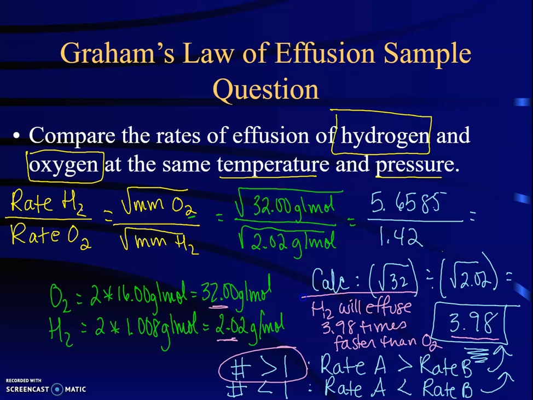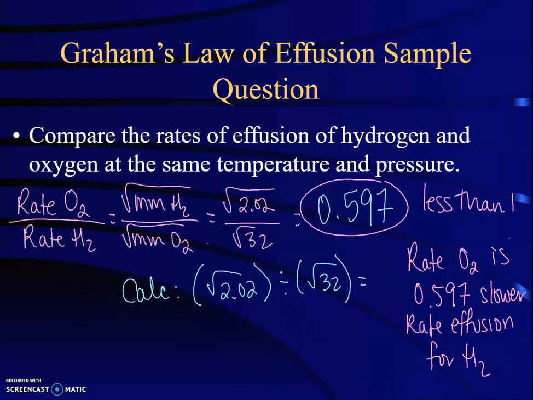that hydrogen will effuse faster than oxygen. And even if you goof and do it the other way around, you can end up seeing that you have the correct answer, but you then have to say that oxygen is slower in its effusion than the hydrogen.